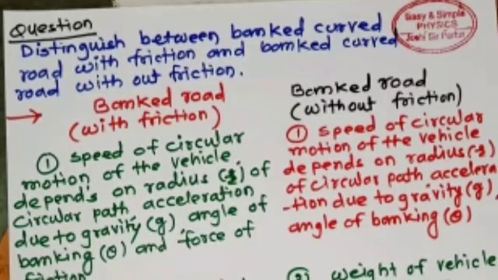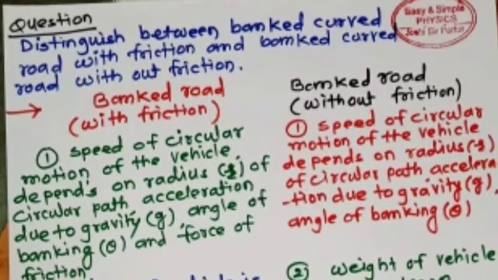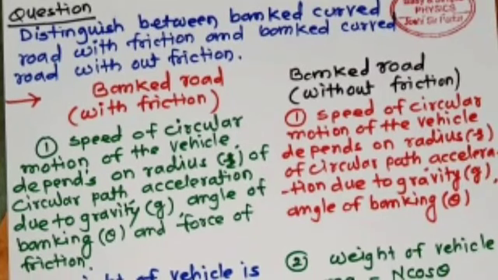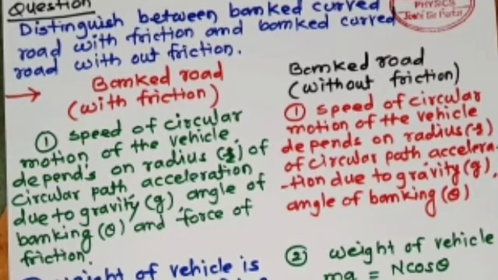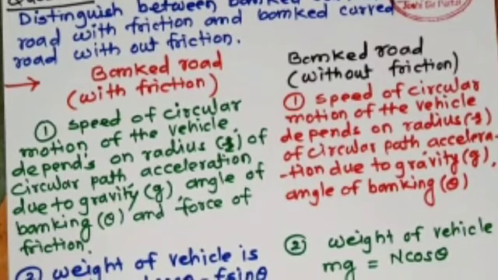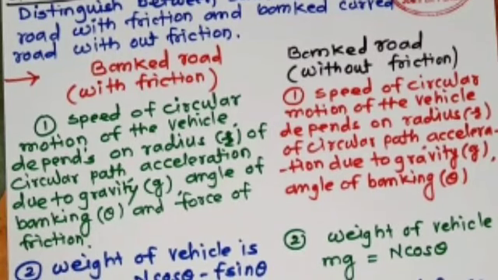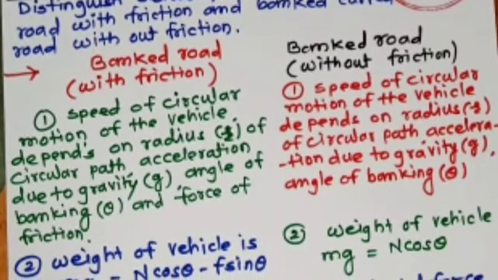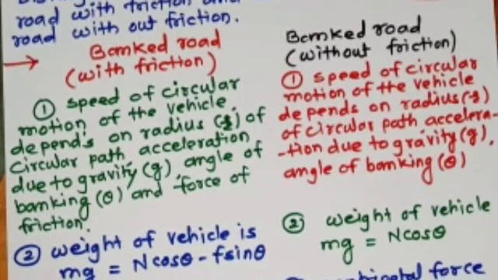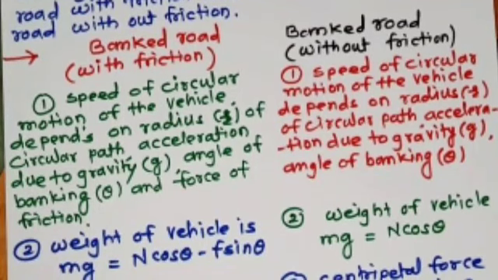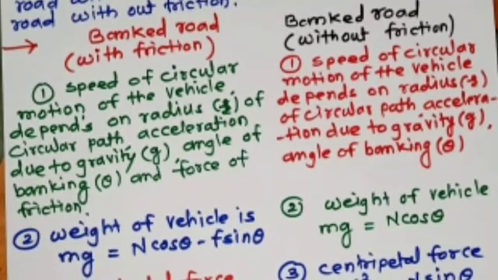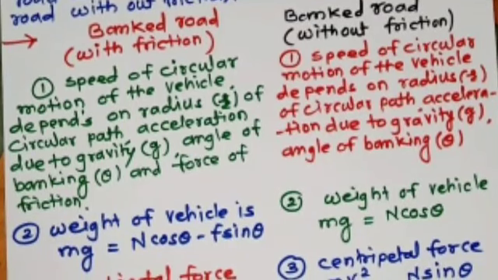Another question: distinguish between a banked curved road with friction and a banked curved road without friction. So the first point: with friction, the speed of circular motion of the vehicle depends on R, the radius of the circular path, g, acceleration due to gravity, theta, the angle of banking, and the force of friction.